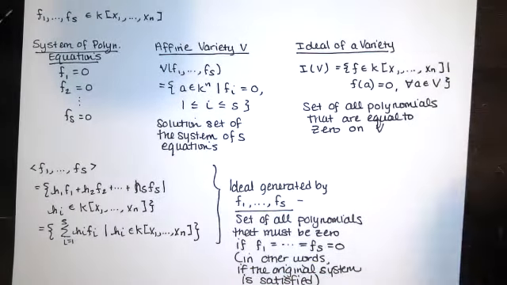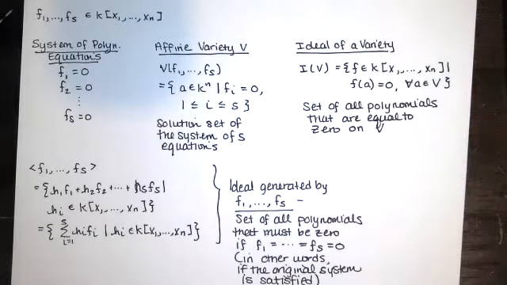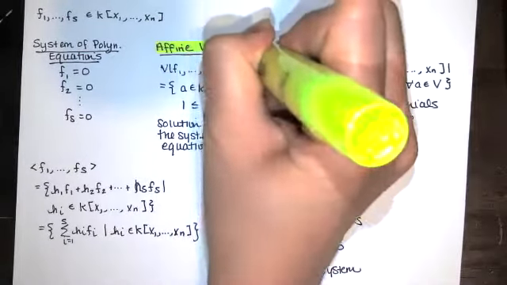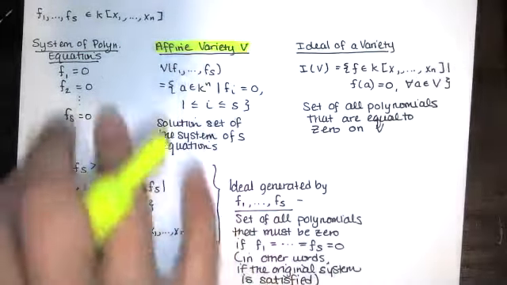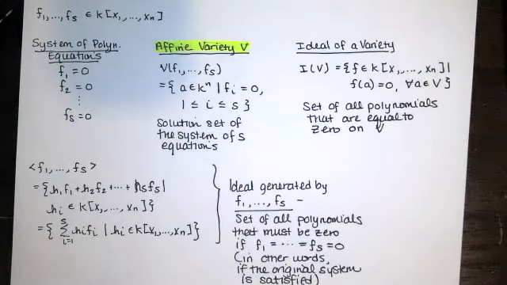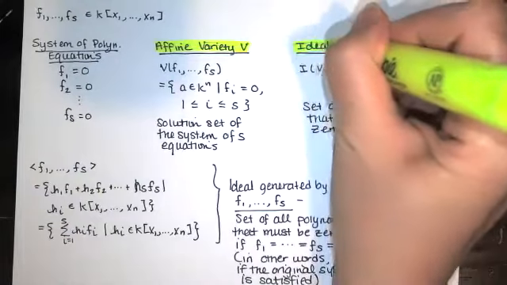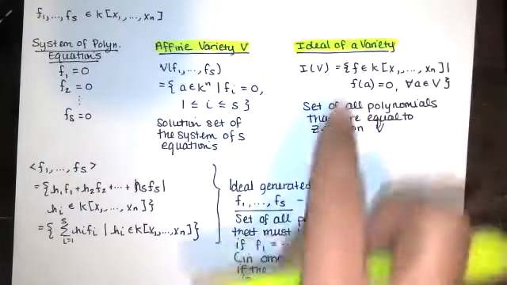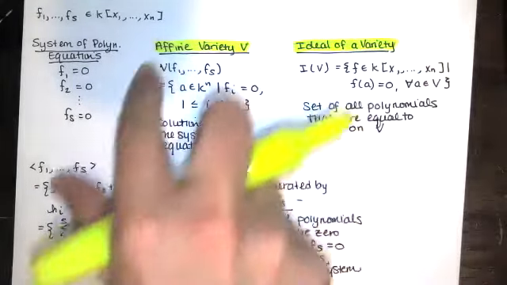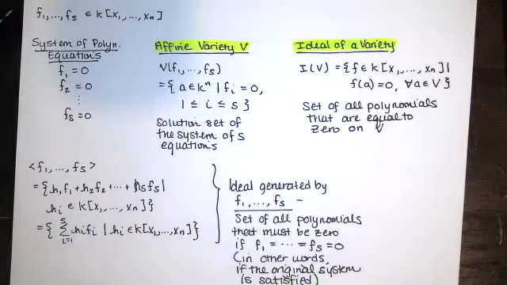Okay, so we've got these four different forms that are all related to each other. We have a system of polynomial equations, and then we have the affine variety. That's the solution set of that system in n-dimensional affine space. And then we have the ideal of the variety. This is the set of all polynomials that are equal to 0 on this set in n-dimensional affine space.